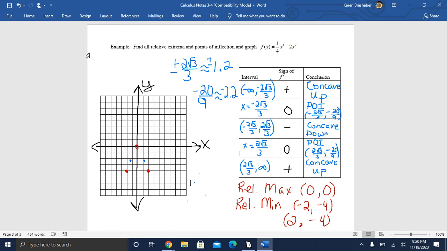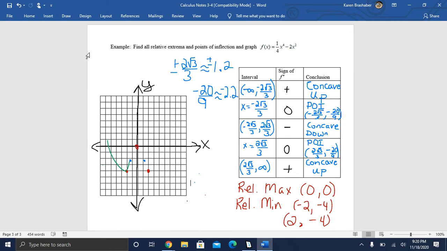So from negative infinity to this blue dot at -2√3/3, our graph is concave up, and we also know that we have a minimum at (-2, -4). So we're going to have this graph decreasing and then reaching this minimum point and then reaching this point of inflection.